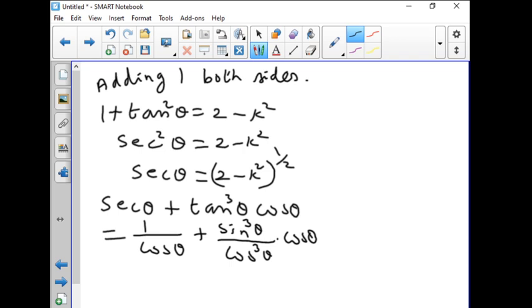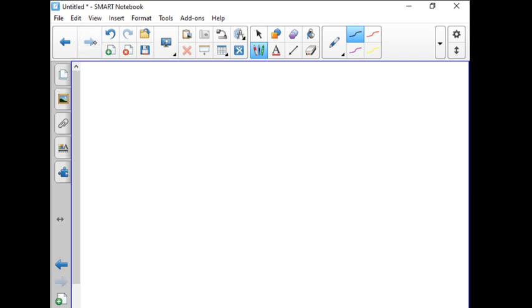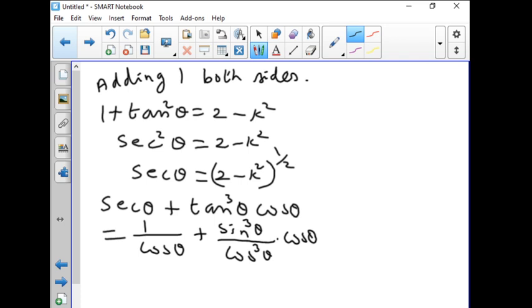So this cos gets cancelled. So finally we have, it is equal to 1 by cos theta plus sin cube theta by cosecant theta.